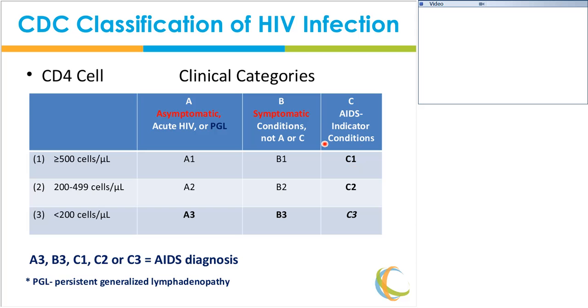Just to repeat and reemphasize, any of the threes, A3, B3, C3, and C1 and C2, are all diagnosed with AIDS.